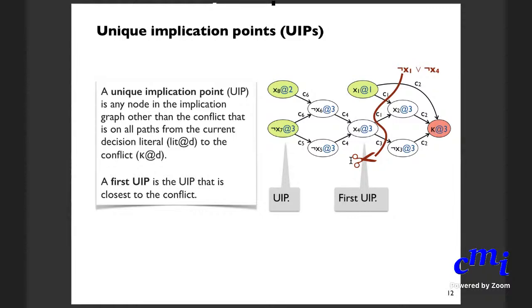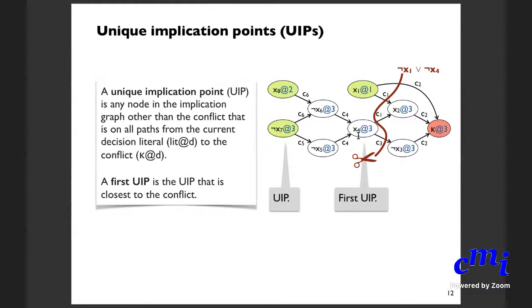So the question is, I've described it using this implication graph. Do you have to generate this implication graph explicitly in order to derive the conflict clauses? One way is to construct the implication graph as I have shown here, compute the cuts and so on. That is not a very efficient way of doing it. You don't need to construct this implication graph explicitly at all.